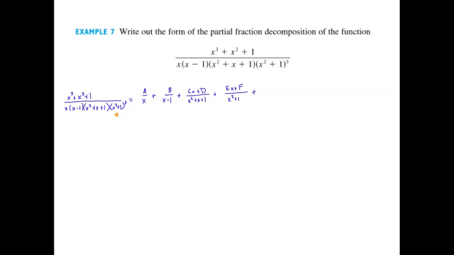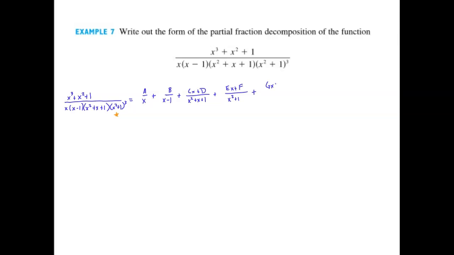There's going to be 2 more. Who knows the next one? Oh, you guys are just going to ice me? Gx plus H over x squared plus 1.